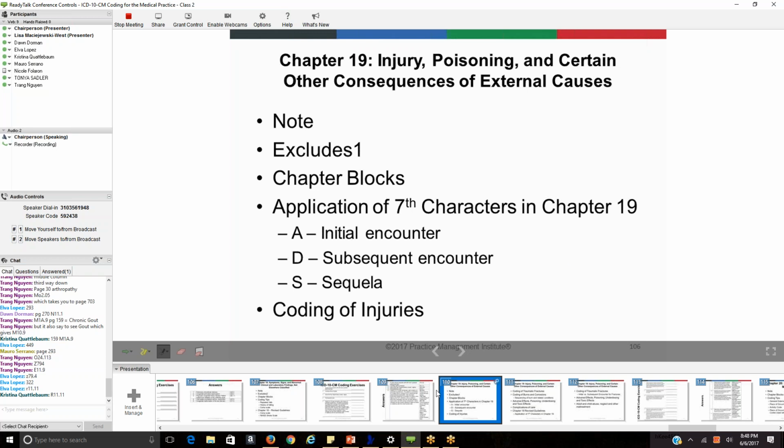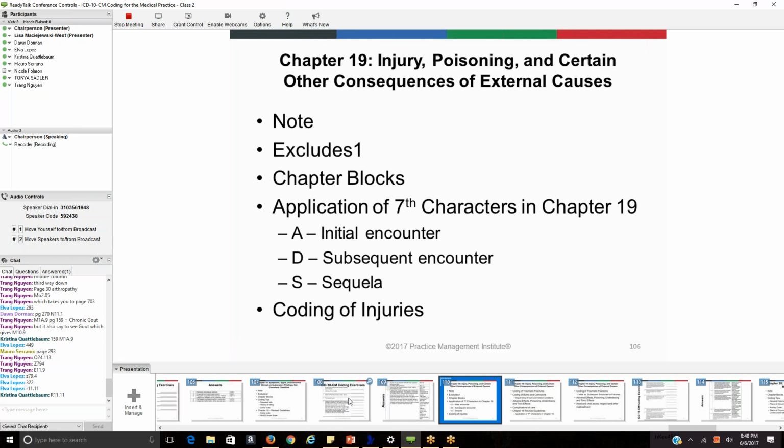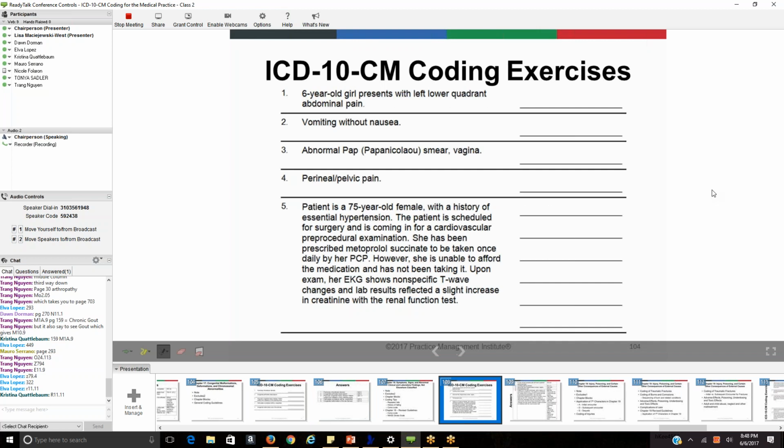So now we're going to go back to Chapter 19 and we're going to pretty much finish up our night with a coding exercise. The coding exercise that we're going to do together is number 5, okay? Now I want you to remember something.